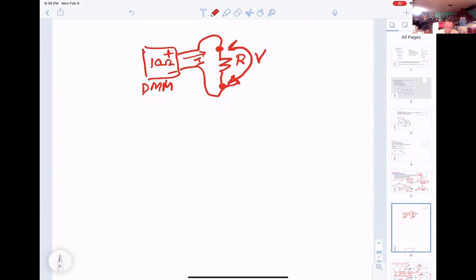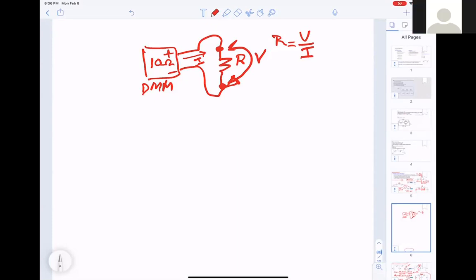Then it uses the formula R equals V divided by I. So that's why it gets the value. You follow that?